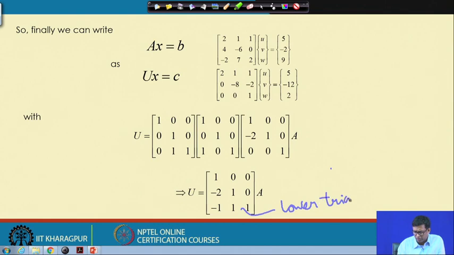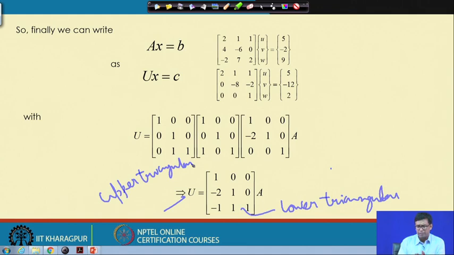A lower triangular matrix multiplied with A gives me an upper triangular matrix, U. So, we get that upper triangular shape by multiplying some row operation matrix with A, and the final row operation matrix is of lower triangular shape. This is when there is no row permutation, which would give a different result, but let's look into this case first.